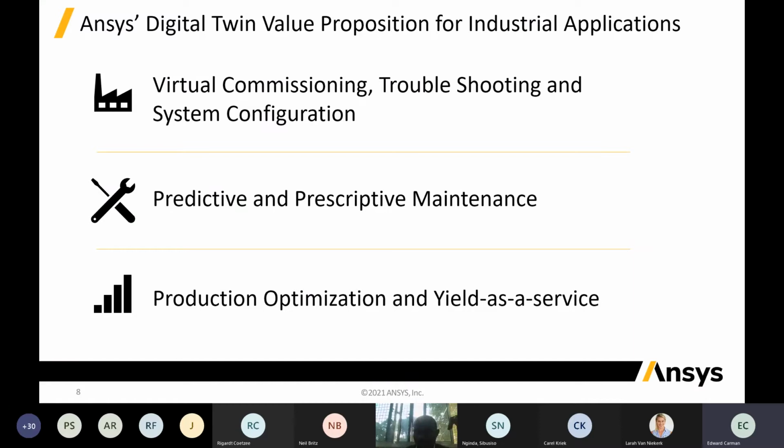And finally, we're also looking at digital twins as a way of optimizing production or improving the yield of our products. So things like yield as a service, which is the business model for a lot of jet engine suppliers, or optimizing production runs, as I'll show you with the refinery example at the end of this presentation.